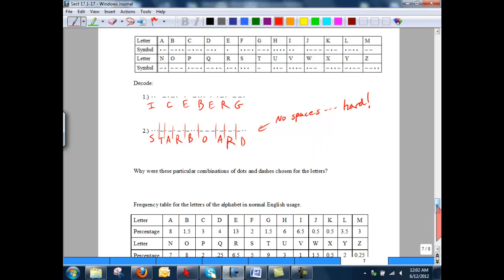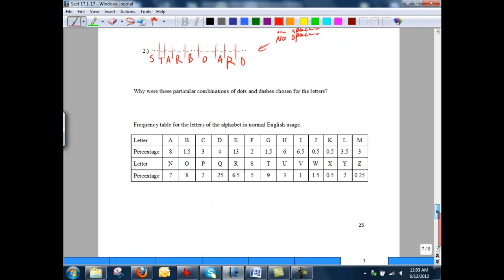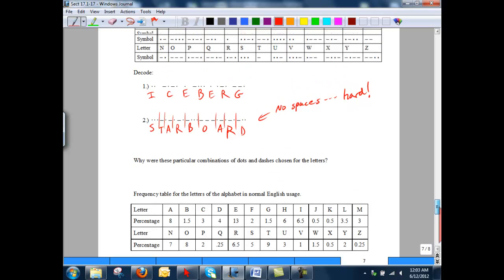How was this handled in Morse code? Well, the telegraph operator would literally pause between letters slightly, and the person listening at the other end could listen for those pauses and know when a code word stopped and the next one began. And I'll come back to that in just a moment.